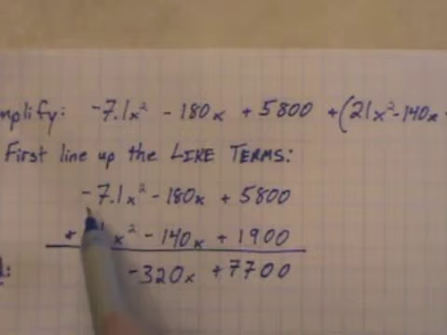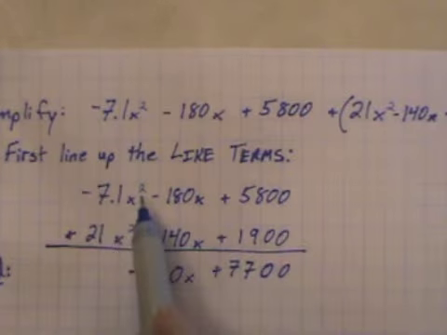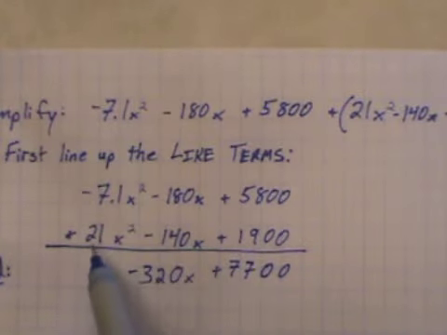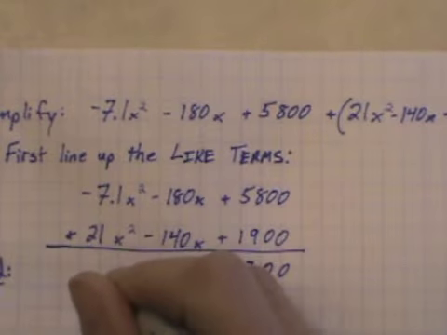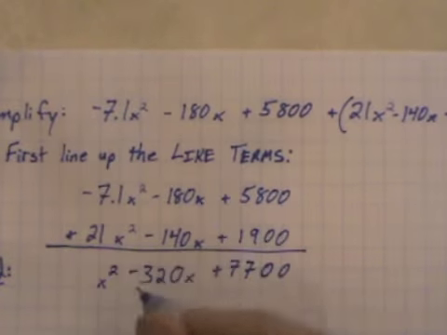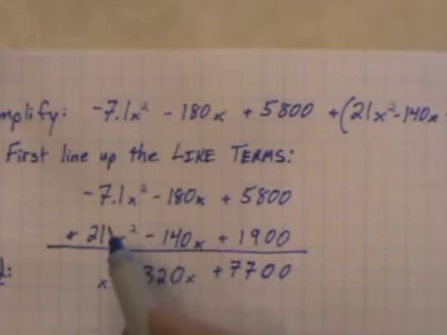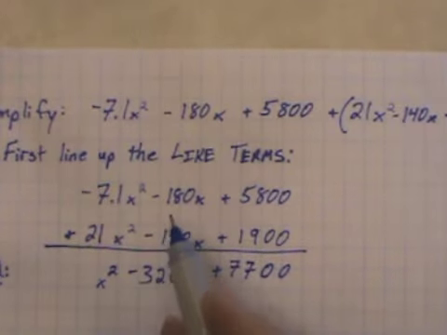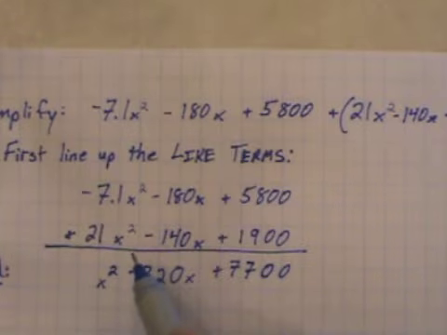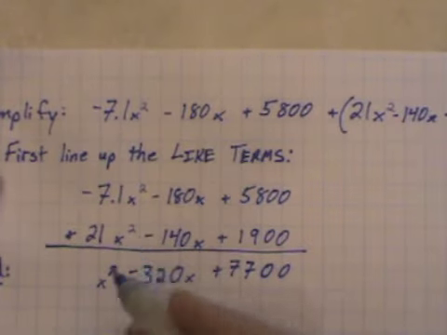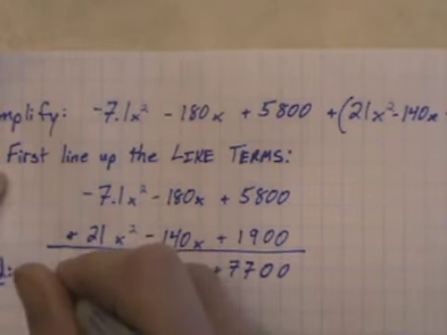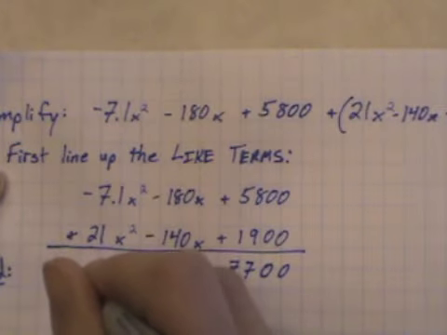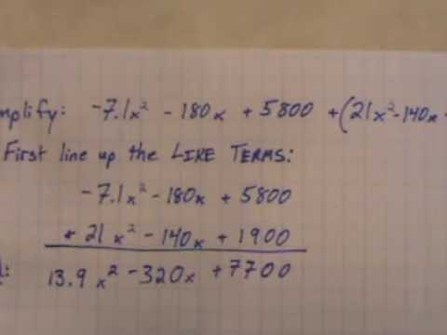And we have a negative 7.1x squared and a positive 21x squared. We know it's going to have an x squared. What's this minus that? Uh-oh, better count on the fingers. You don't need to pull out the calculator because you know 21 minus 7 is 14. So this is going to be, I believe, 13.9. And I'm sure somebody will let me know if I got that wrong. It's positive, and there you go.